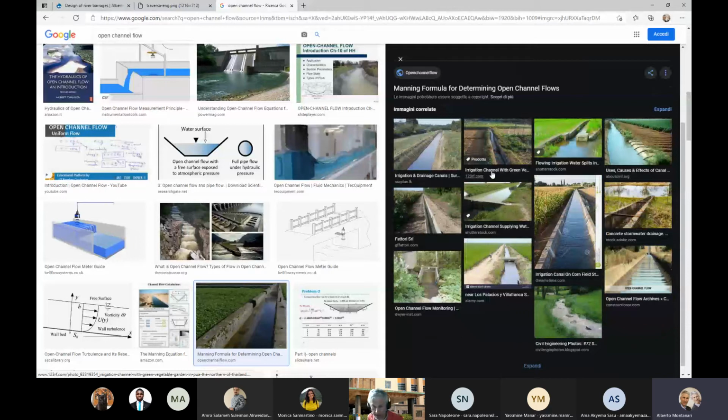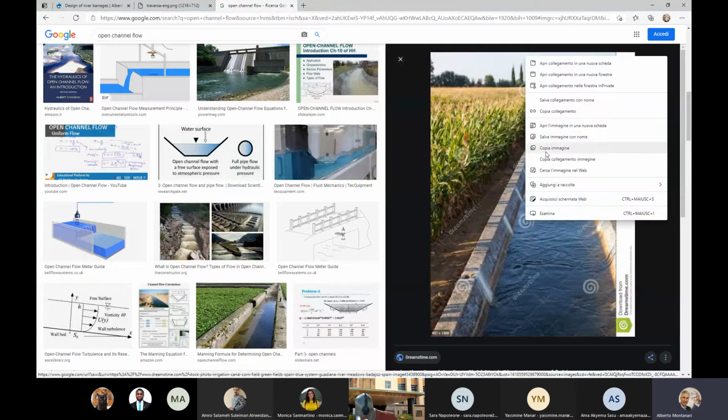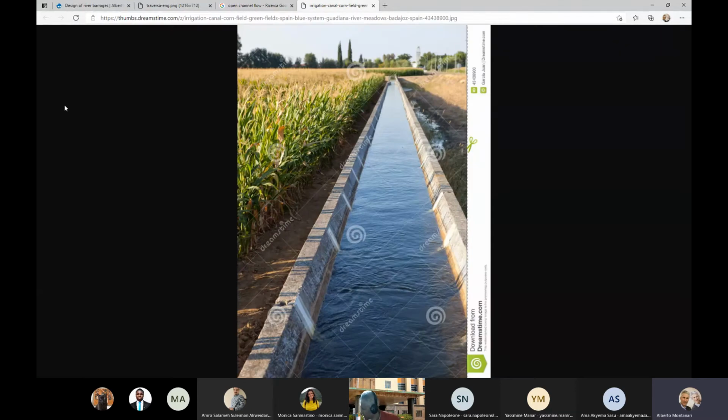And here, if you look on the right, you see a lot of pictures of open channel. Let's look at this one, because it's interesting. Why is it interesting? Because here you see that they paved the channel, the bottom and the sides. Why? To reduce infiltration. You see the channel is running in very permeable soil. This is soil that is used for agriculture.